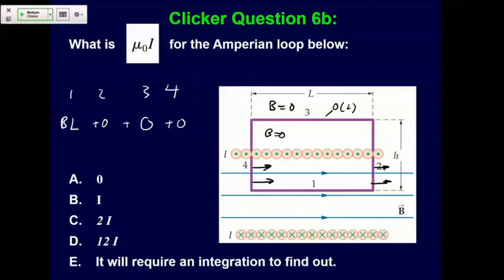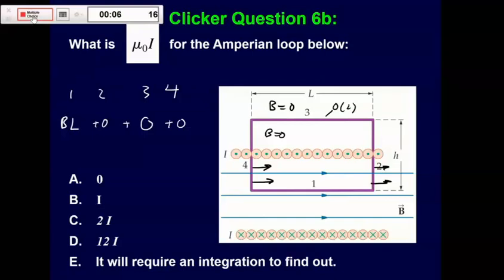With Ampere's law, it's like Gauss's law. If we want to find the magnetic field of something, we can look at the left-hand side and the right-hand side, make them equal, and develop a magnetic field for the region we're interested in. Now let's look at the current enclosed in the loop.